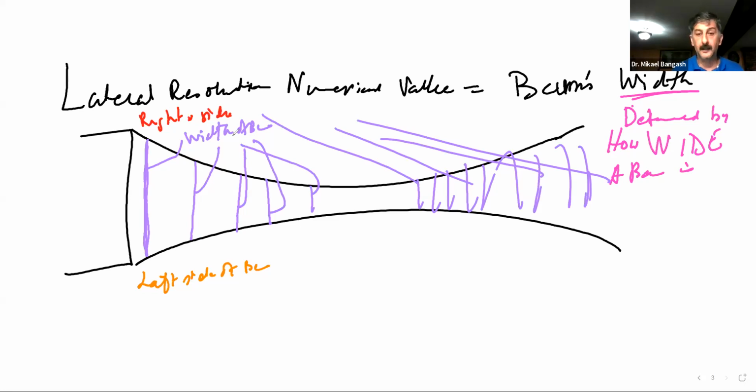Then in the whole course of the beam, we come to a point where the beam has the smallest width, which means it is narrowest.